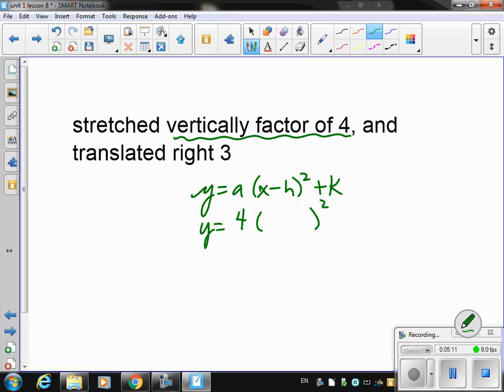I have translated my parabola 3 to the right. That's a horizontal change, and I know it's backwards to what you would think. So it's x subtract 3. It doesn't say anything about moving it up or down, so I assume my k is 0. And I am done.